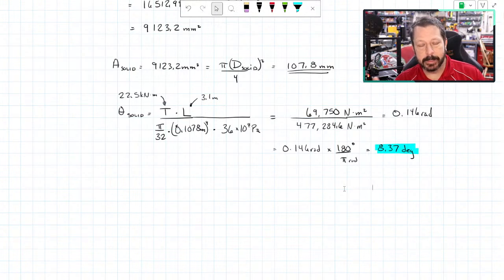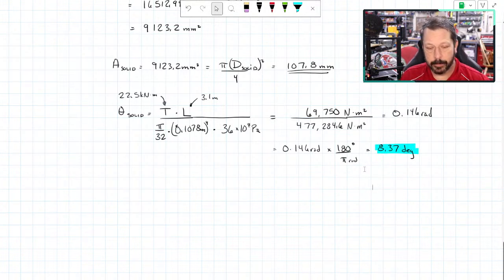Basically, it'll vibrate a lot, and so maybe we would want to avoid certain speeds or avoid certain frequencies, and the solid versus the hollow would have a different resonant frequency that one of them worked better than the other for what our application was.